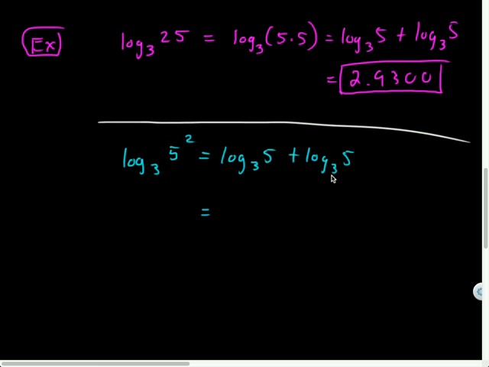But what's another way I could write this? Log base 3 of 5 plus log base 3 of 5. That's the same as 2 times log base 3 of 5, right? It's kind of an interesting situation. So how does this relate to this?